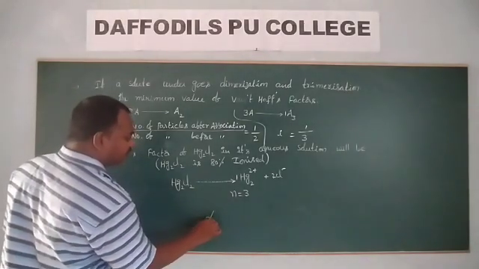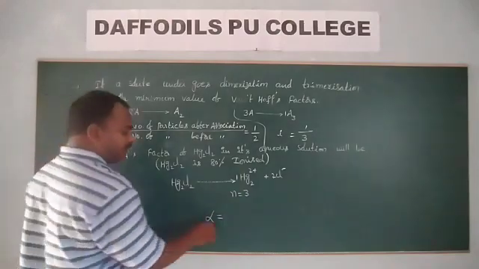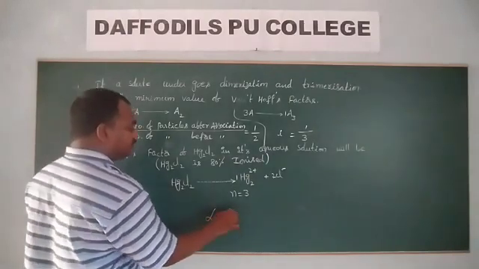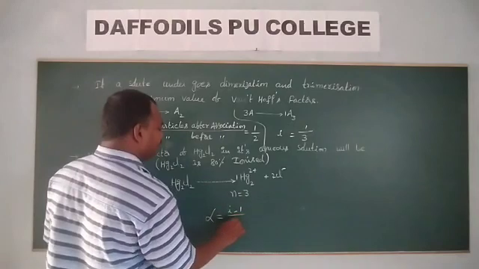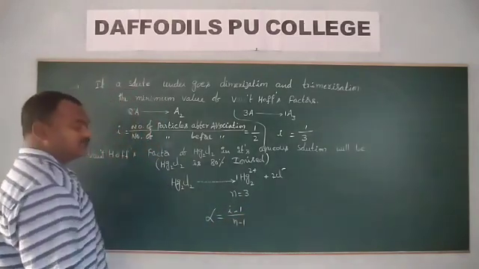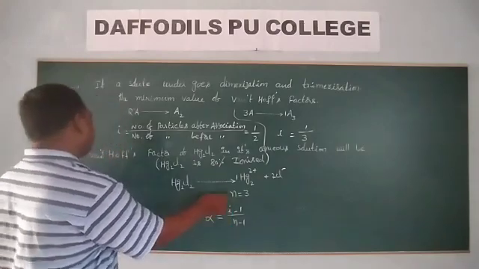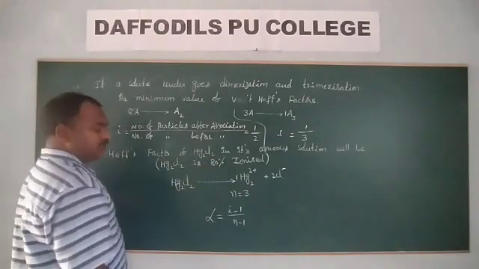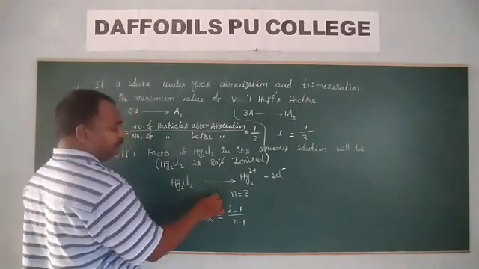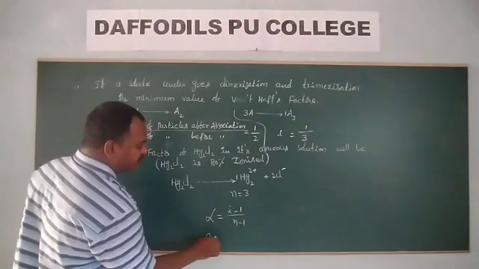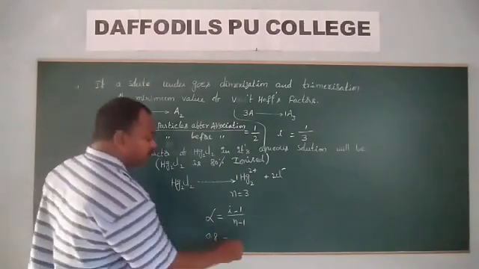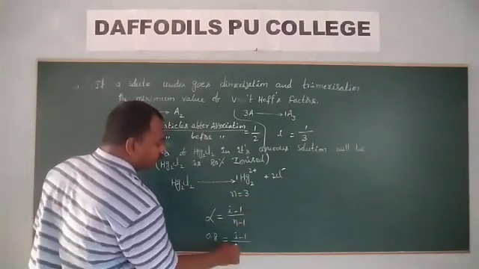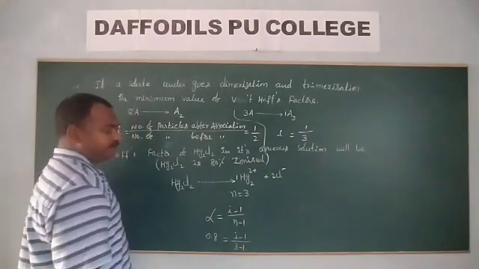What is the degree of ionization formula when ionization takes place? Alpha is equal to (i minus 1) by (n minus 1). This is the formula. So we have to find the Van't Hoff factor i. It is 80% ionized. 80% ionized means 80 by 100, which is 0.8. So 0.8 = (i minus 1) by (3 minus 1), where n is equal to 3.